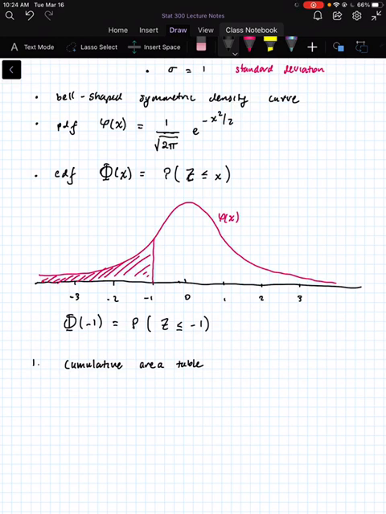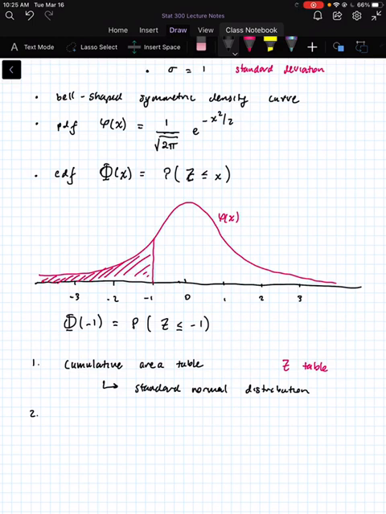What it will do is we're going to use this table that has a whole assortment of different values, and that'll help us find both probabilities and percentiles. You can also find one online. It's pretty easy to find as long as you search cumulative area table and then specify that we're looking for one for the standard normal distribution. You can even avoid writing down all these words by just writing Z table. So colloquially, you could call it a Z table.